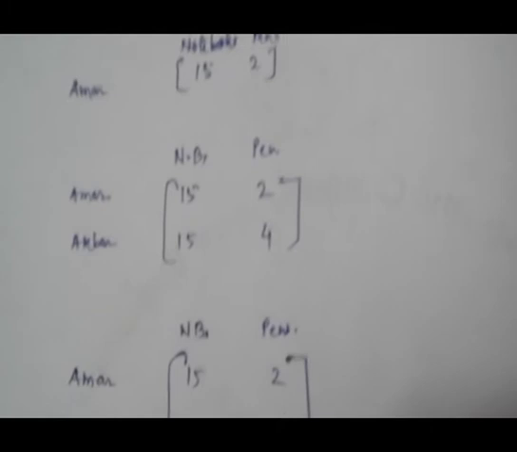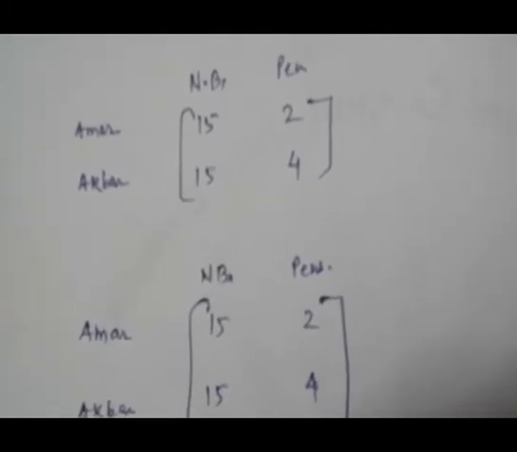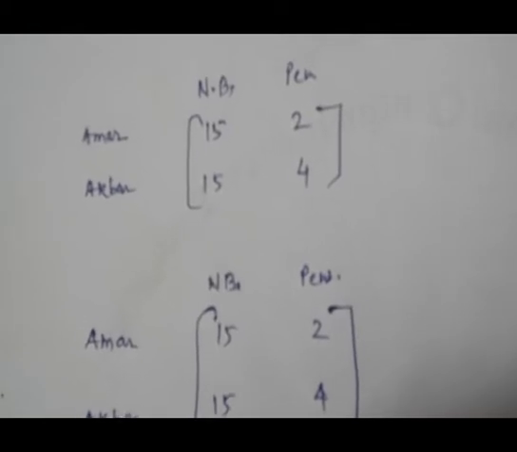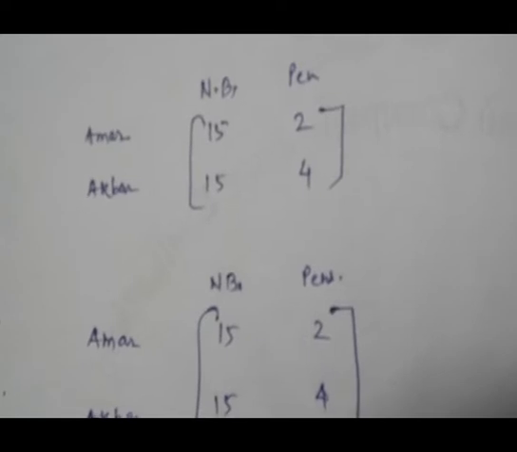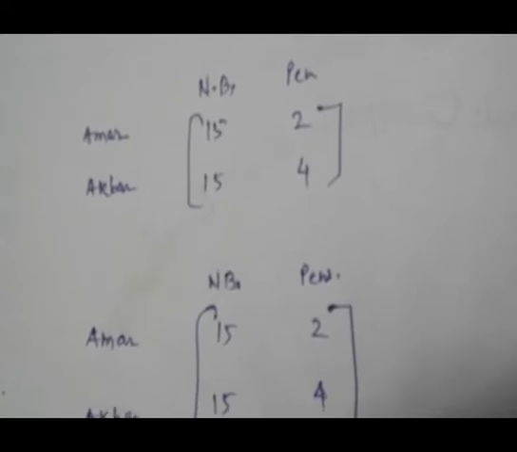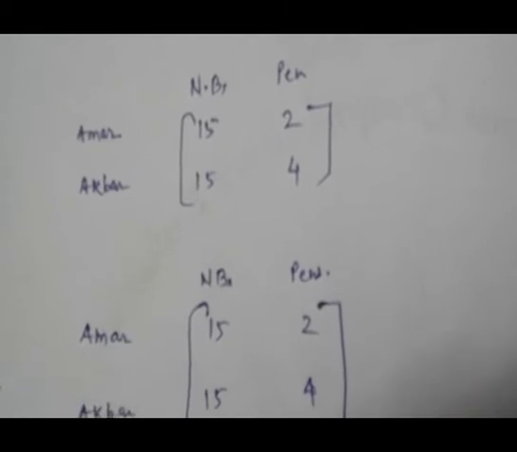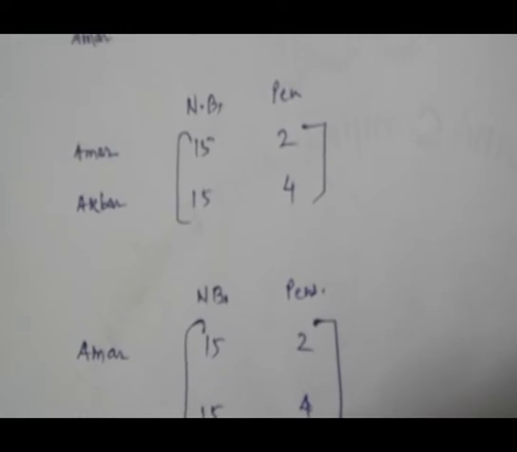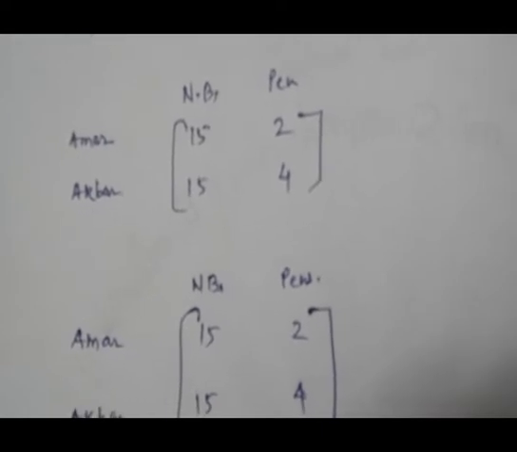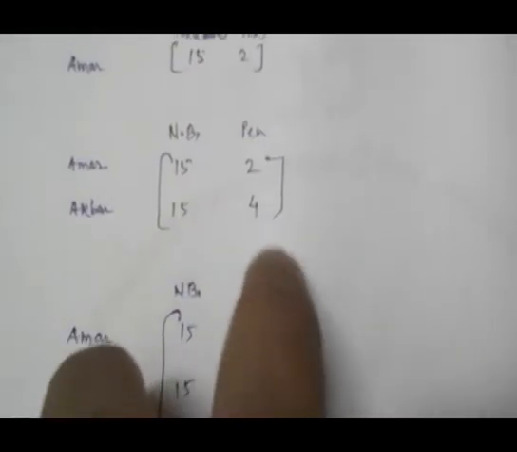Now we take two different friends, Amar and Akbar. Amar has 15 notebooks and 2 pens. Akbar has 15 notebooks and 4 pens. With the concept that the first column represents the number of notebooks and the second column represents the number of pens, and you know there are rows and columns: these two are rows and these two are columns.